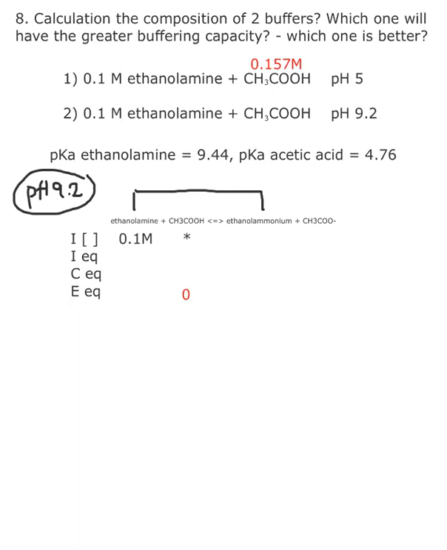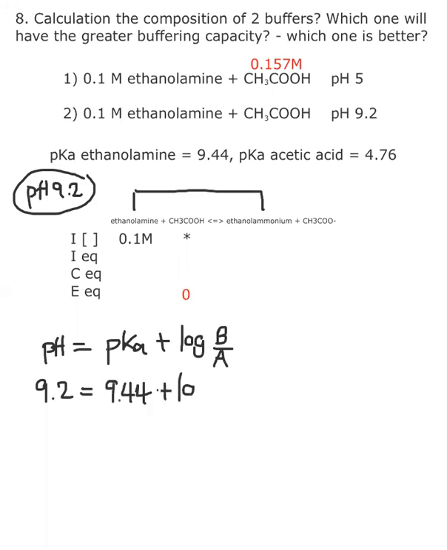Okay, so to fill in the ICE table of the equilibrium line, you still need to use the Henderson-Hasselbalch equation. So pH equals pKa plus log B over A again. So pH would be 9.2. The pKa in this case needs to be the pKa of ethanolamine. It's 9.44. And then you calculate for the ratio B and A.